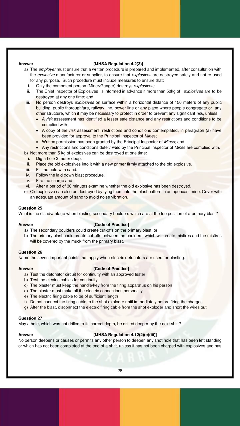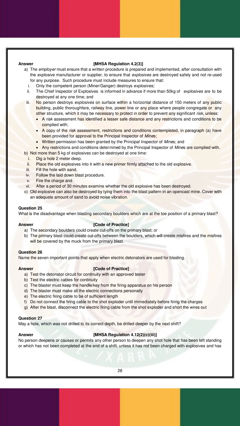A copy of the risk assessment, restrictions and conditions contemplated in paragraph A have been provided for approval to the Principal Inspector of Mines. Written permission has been granted by the Principal Inspector of Mines, and any restrictions and conditions determined by the Principal Inspector of Mines are complied with.